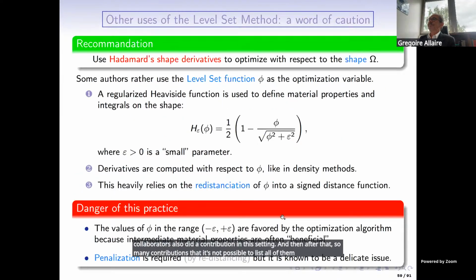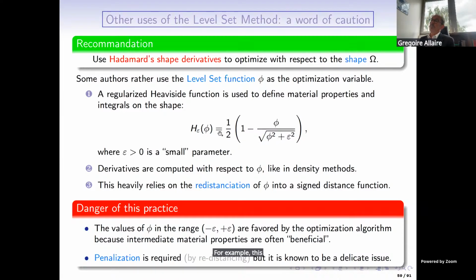Good. Let me make maybe one recommendation, which is we prefer to use Hadamard shape derivatives, which are really adapted to a clear, crystal clear interface. But there are some other authors who are instead using the level set function itself as the optimization variable, right? And so what do they do? They introduce a regularized Heaviside function with a small parameter epsilon, for example, this one.